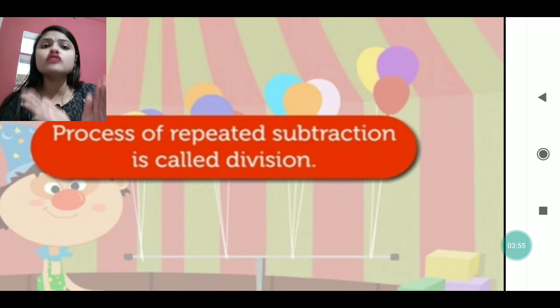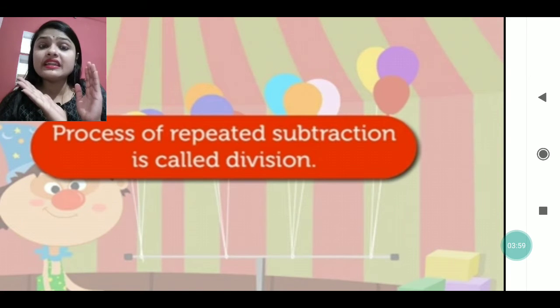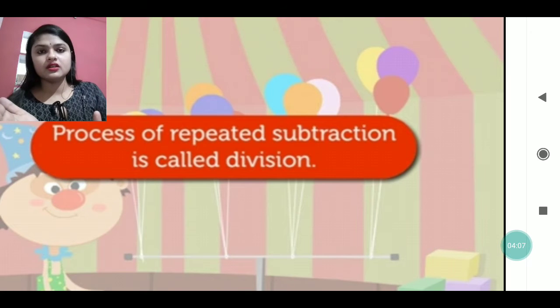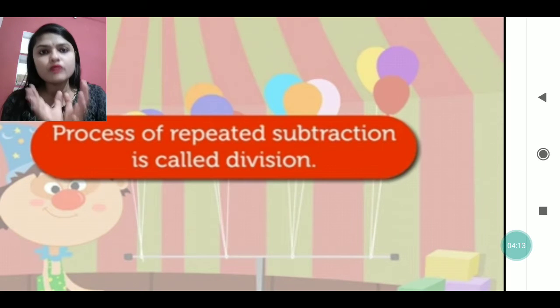But in division, we subtract the numbers, because in division the number of things is decreasing, my dear. When we divide any group of things we have, that group will be bigger.